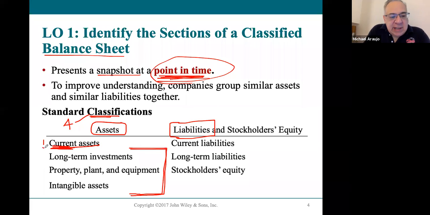You're going to see current assets on every single balance sheet you look at. What you might not see on every balance sheet is a classification called long-term investments. As you'll see as we look through a few more slides, long-term investments are assets that the business owns for the long term.